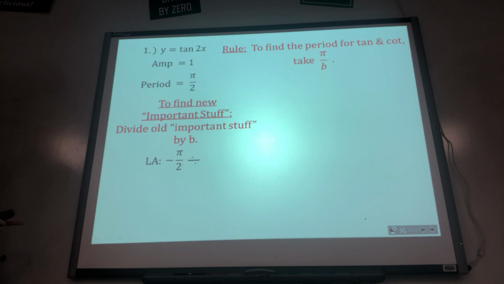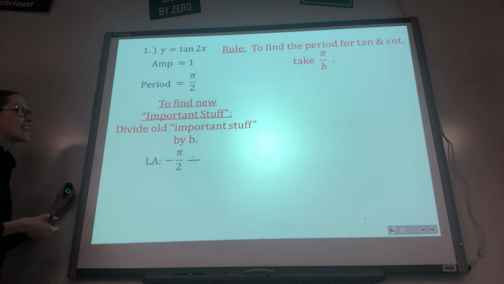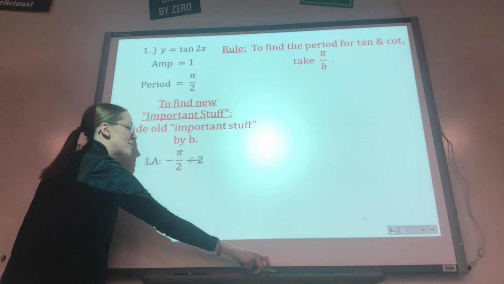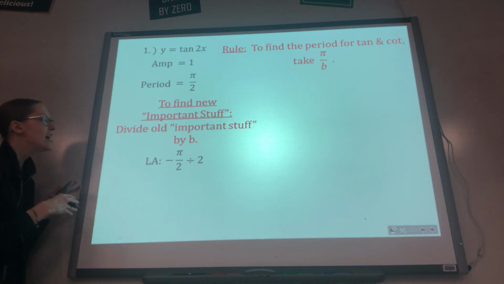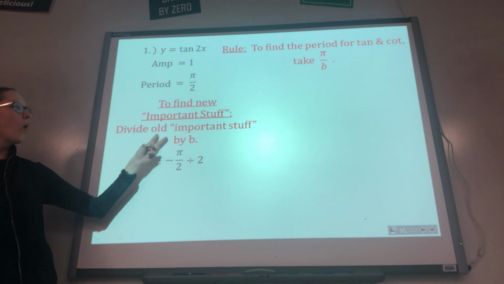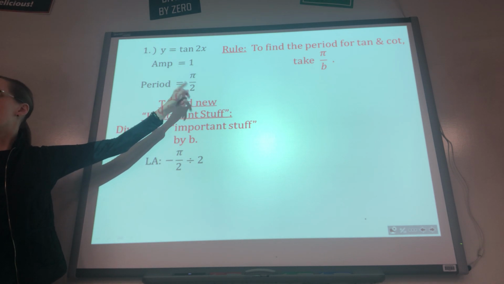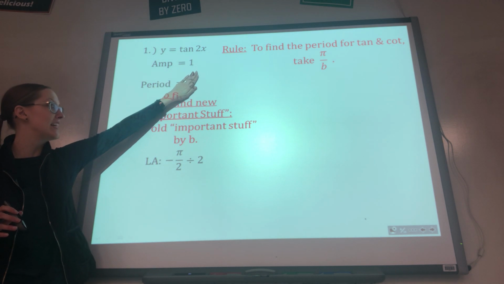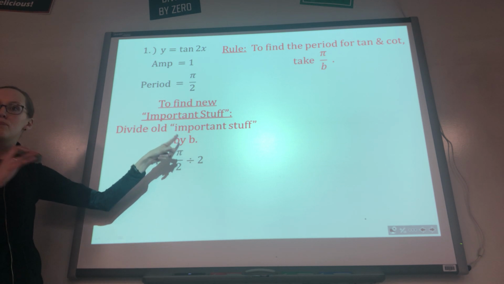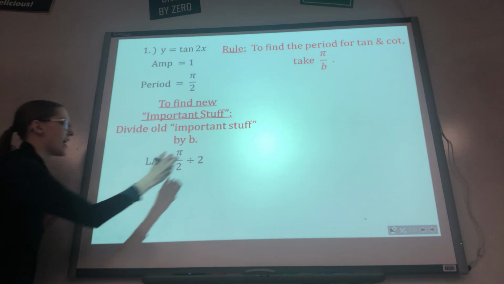Now what was b in this problem? 2. A common mistake that I see here is that people will take the old important stuff and divide it by the period. You don't use the period here. You divide it by b, which was the number in front of x.